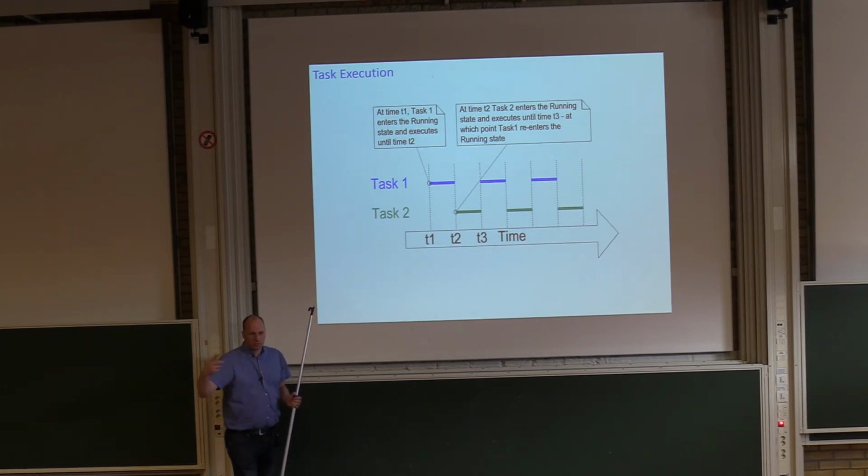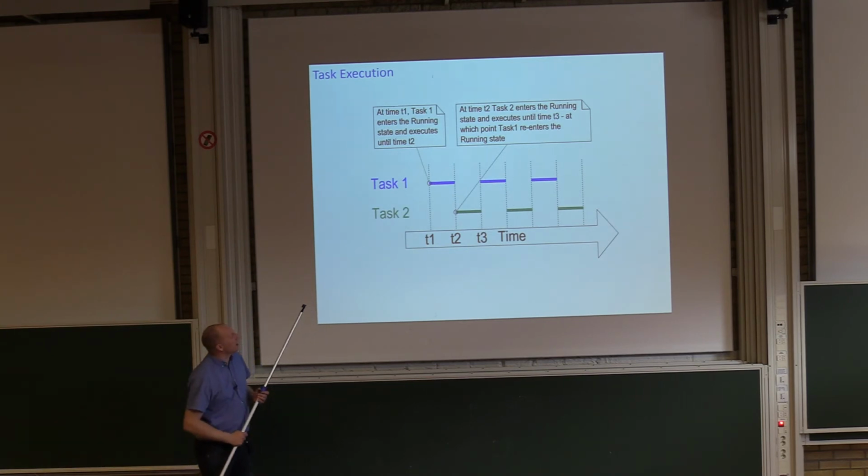Yeah, so they will run infinitely, and the scheduler in a real-time operating system will always only look at the priority. If there is a process with higher priority that is ready to execute, then it will be the one executing.